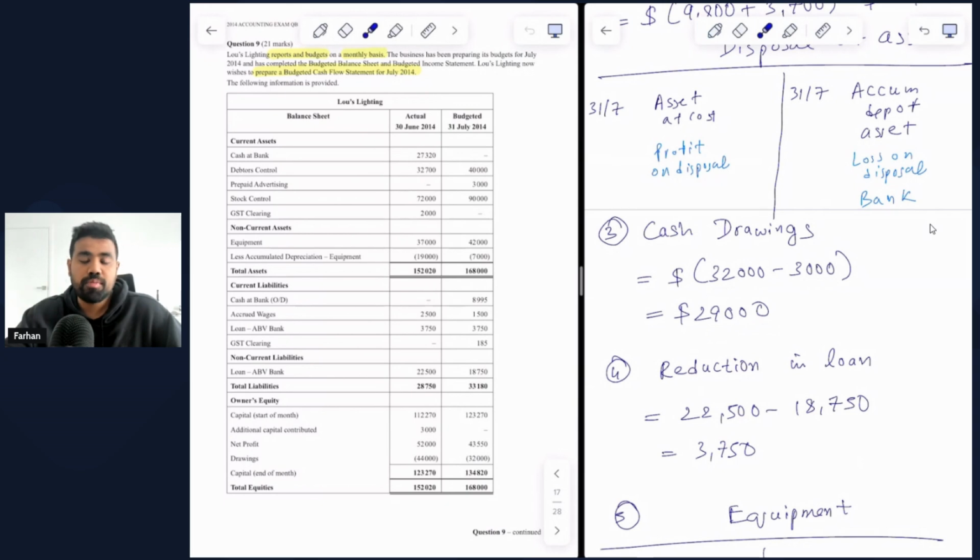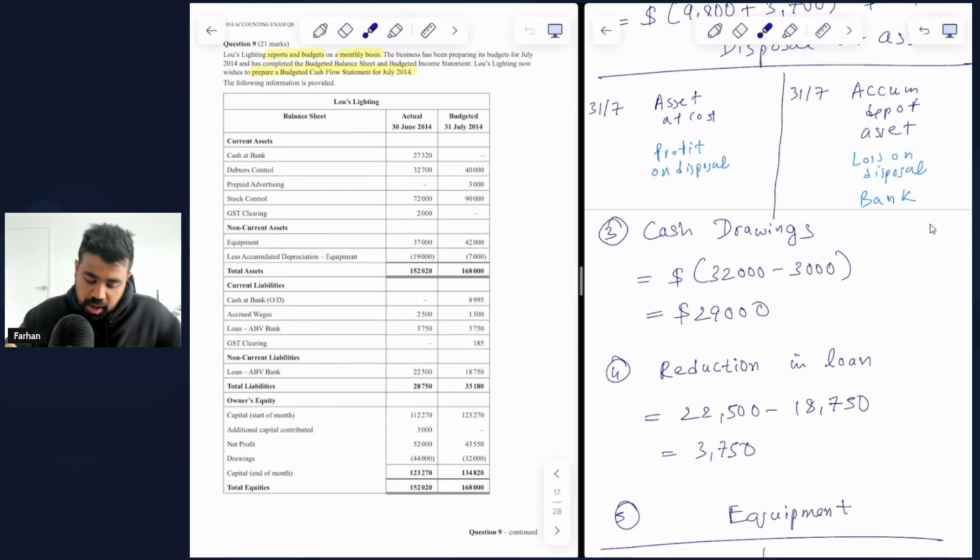Therefore, cash drawings should be $32,000 minus $3,000, which is $29,000. And this cash drawings represents a reduction in owner's equity, which is directly relevant to the financing activity of the cash flow statement. And therefore, when you prepare the financing activities section of the cash flow statement, you will show cash drawings of $29,000 as a negative number, which refers to an outflow.